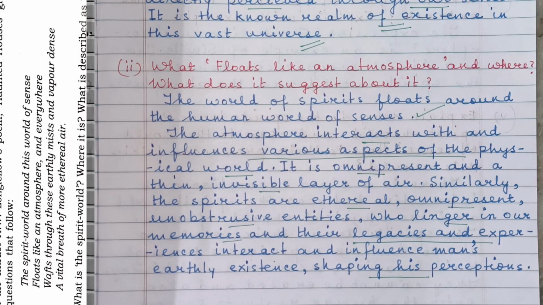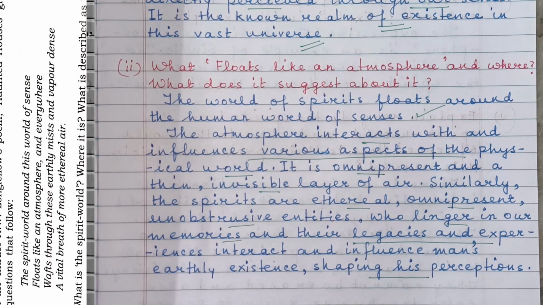To say it in simple words, the atmosphere influences various aspects: the weather, the climate, the vegetation, human life, survival of human beings. Symbolically, this spirit world also engulfs us, surrounds us, and shapes, influences man's earthly existence.